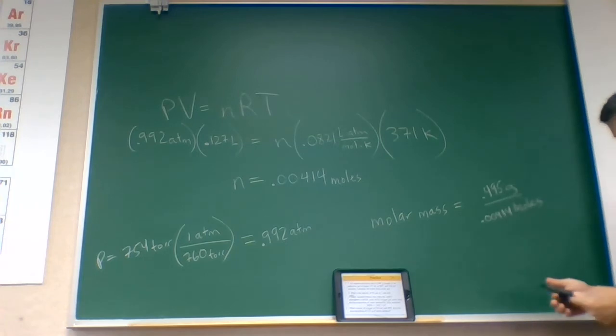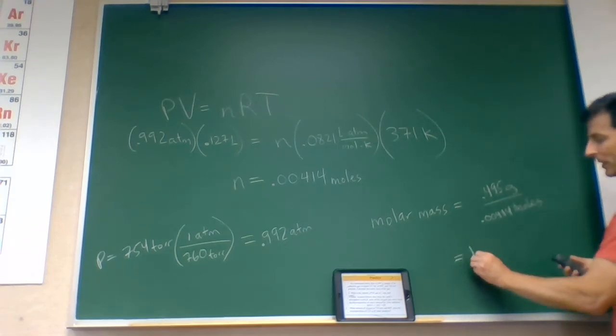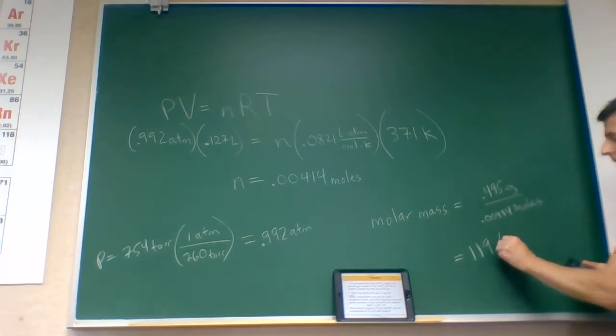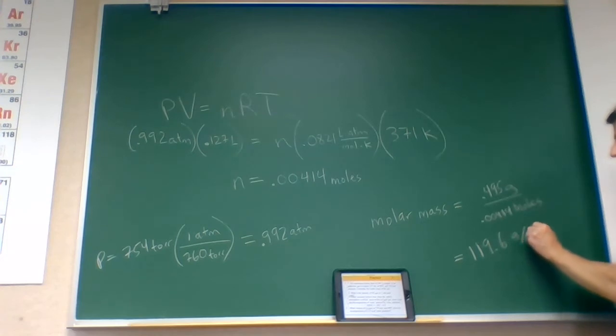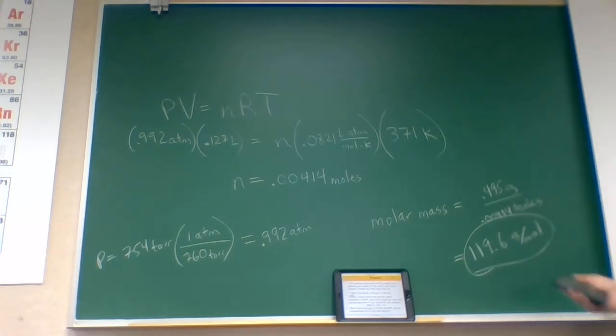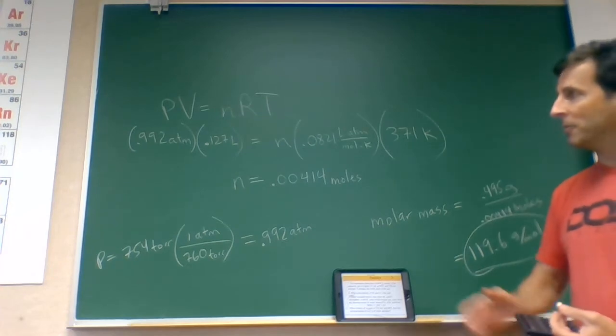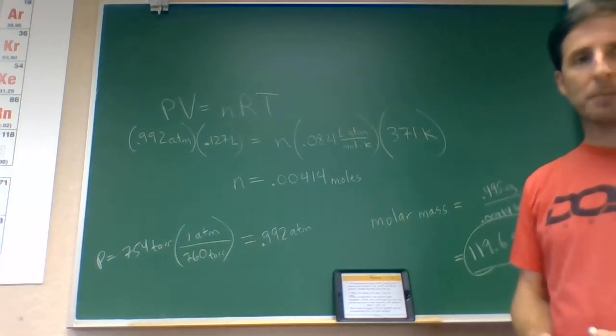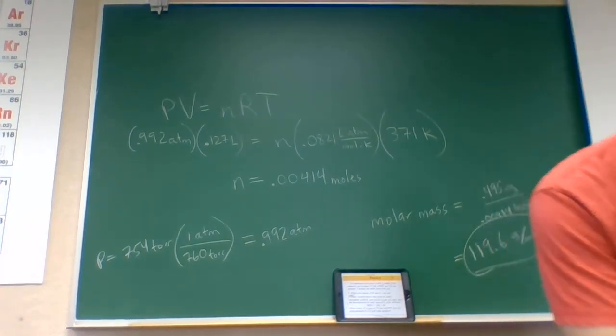So I can just divide 0.495 divided by 0.00414 equals, and I got about 119.6 grams per mole. So that is the molecular weight of this gas that was being described in this problem. Okay, so that's our first problem.